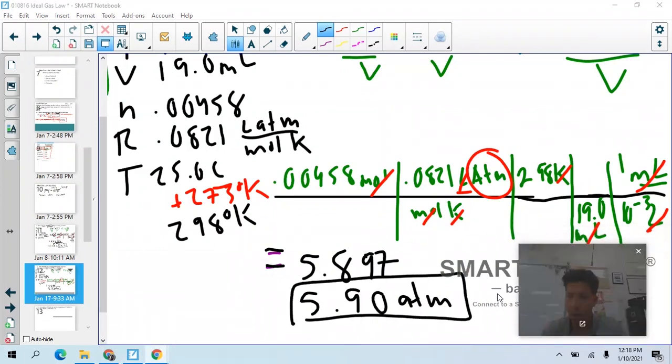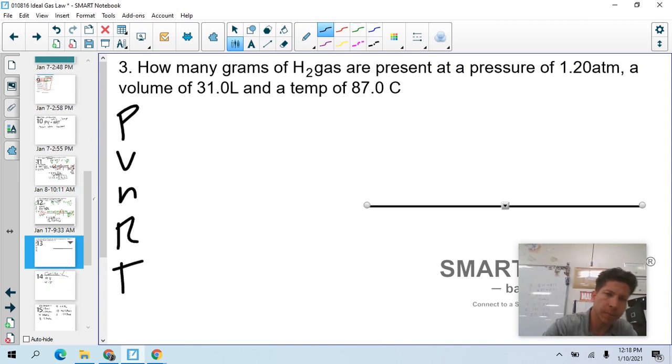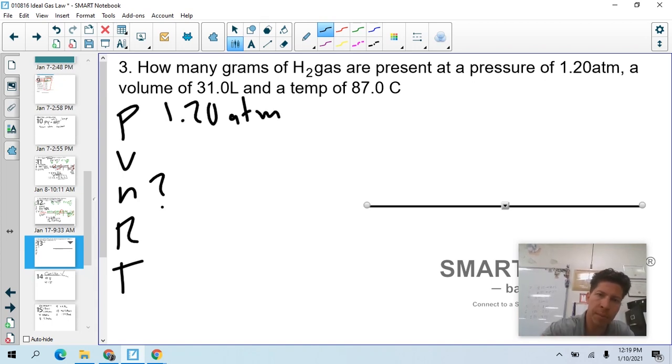All right. Last one, guys. I'll help you set it up, but then you guys run the numbers. Let's go ahead and set this up. P, V, n, R, T. Looks like I'm looking for grams. So grams, remember, is an amount. So I'm looking for that n. Pressure is 1.20 atm.